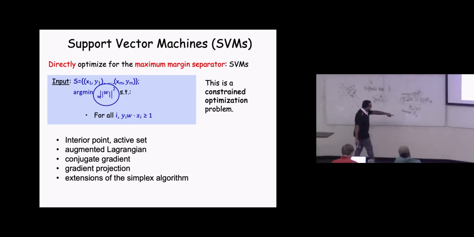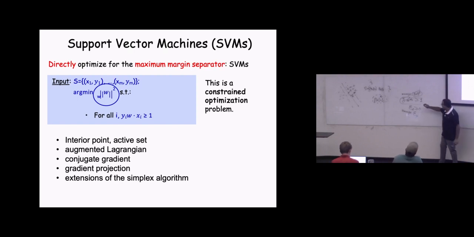Because with this constraint, what is the minimum value this can take? 0. If this is 0, we go back to the original formula. That's the best case. But if we cannot do it, we'll try to minimize this to the best extent we can, so that the errors that we are making are minimal.